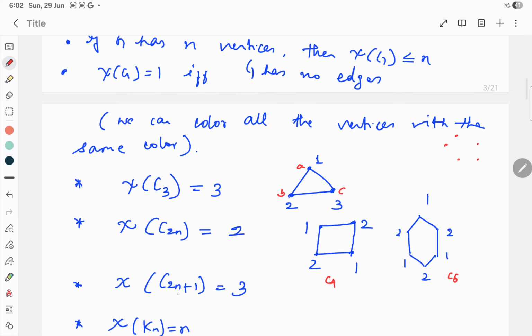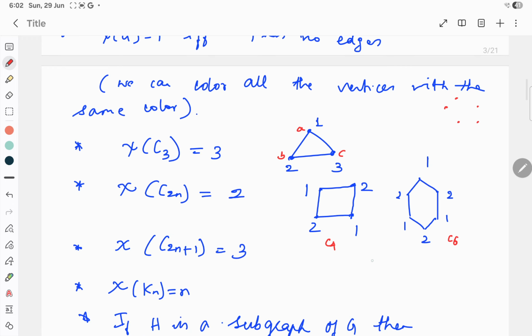Whereas the chromatic number of an odd cycle is 3. Here C5, if you consider C5, I can start with color 1, next it should be 2.